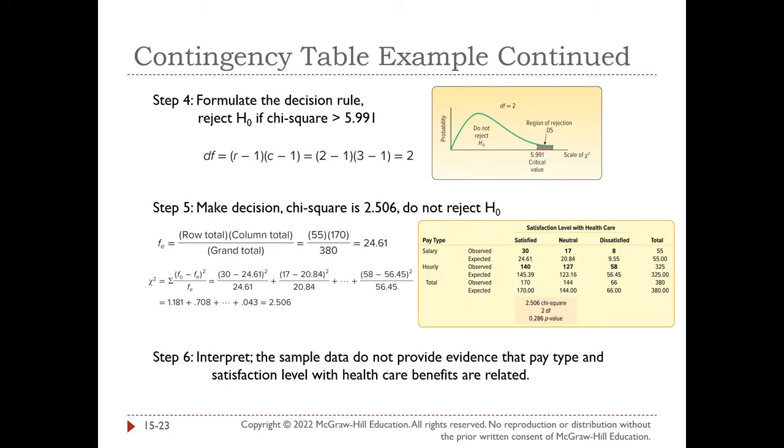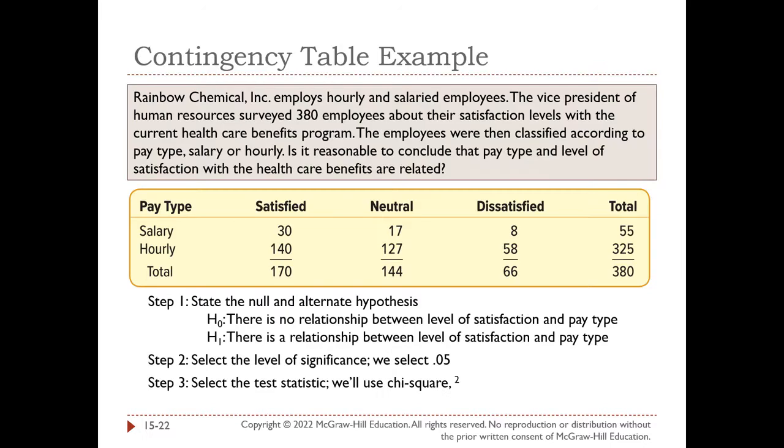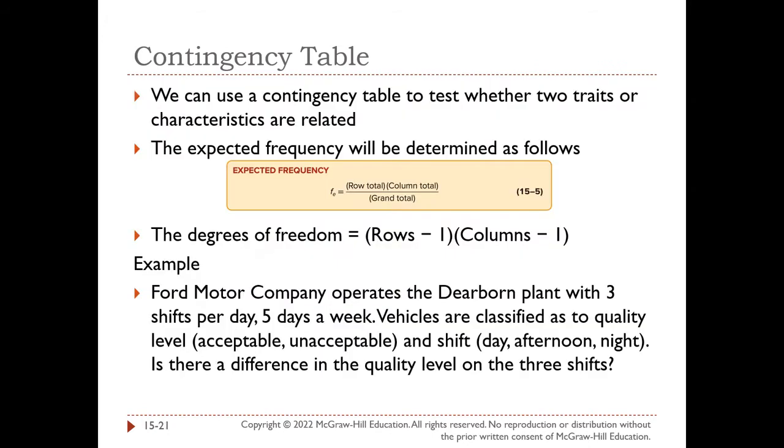So formulate the decision rule. We're going to reject the null if chi-square is greater than 5.991. How do we find this out? We took degrees of freedom, R minus 1 times C minus 1. So, rows was only 2. Columns, there were 3.